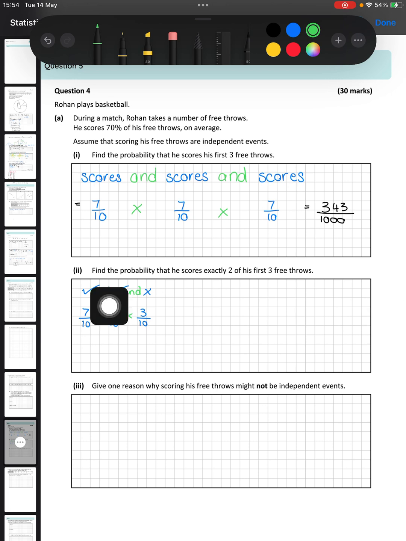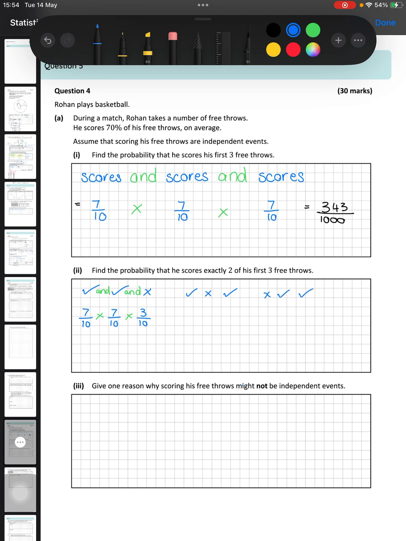Okay, but it's the probability that he scores exactly 2 of his first 3 free throws. It doesn't necessarily talk about in that order. So how many different ways can this be ordered? Well, actually it can be ordered 3 different ways. Okay, he also could score, not score, and then score. Or he could not score and then score and then score.